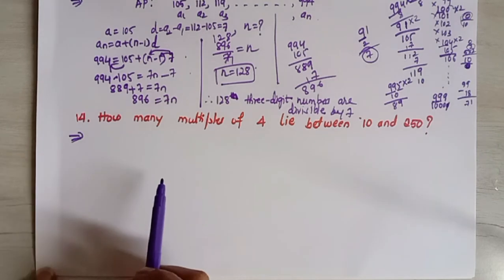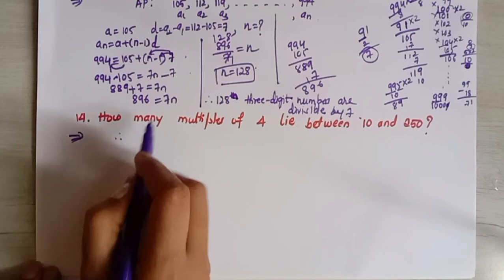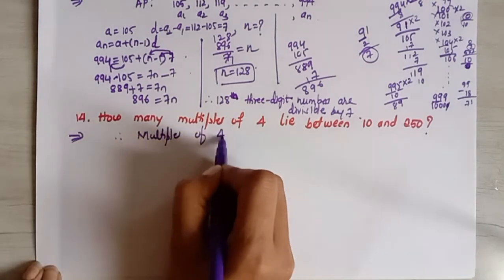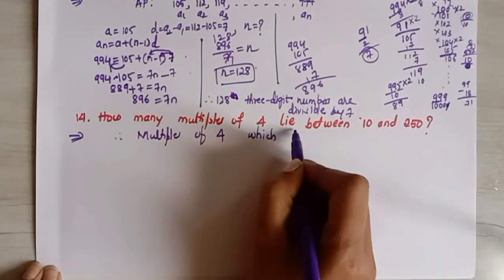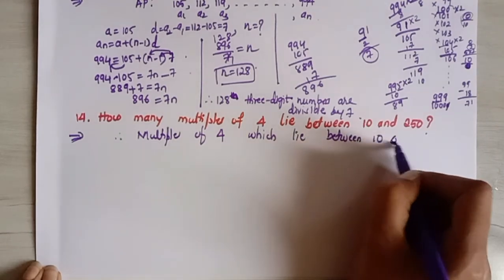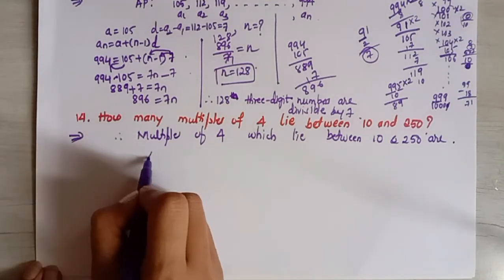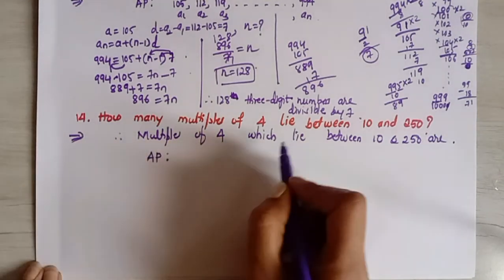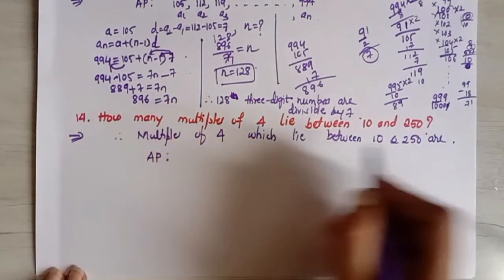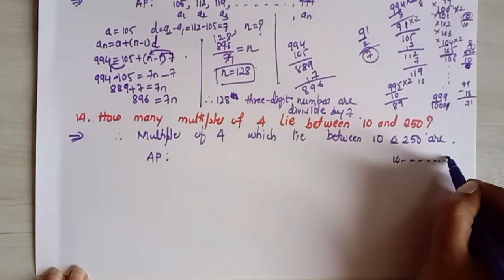So first we have to find the multiples of 4 which lie between 10 and 250, so that will become an AP. In between 10 and 250 means starting from 10 to 250.